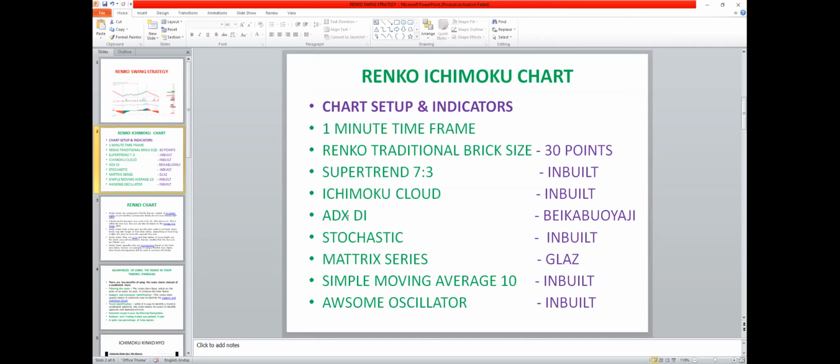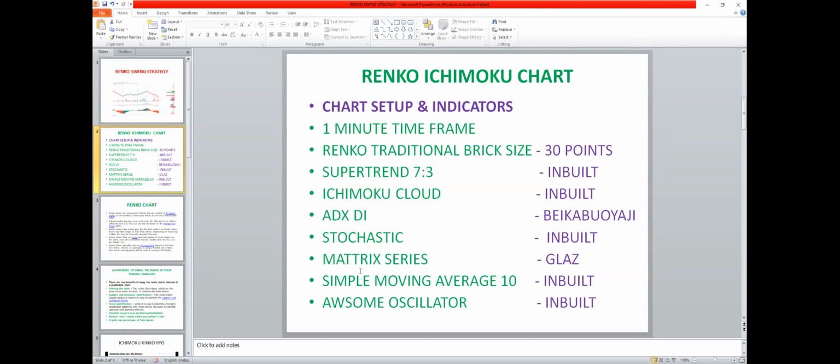And in that chart we have used next ADXDA by the same person, Kabu Oyaji, and stochastic. You saw the importance of stochastic when Aman explained about this chart setup. It is giving more accurate signals, so we are using the same here.